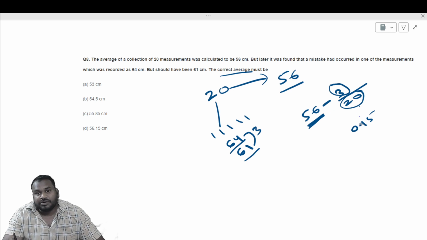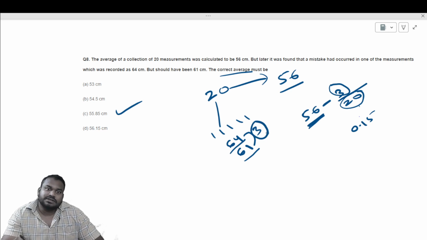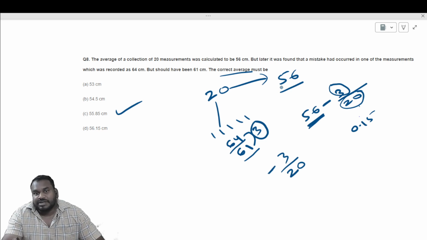If you subtract 0.15 from 56, you get 55.85. That is the answer. So for this type of question, you should directly find what is the extra added, divide it by the total number of measurements, and subtract it from the actual average.